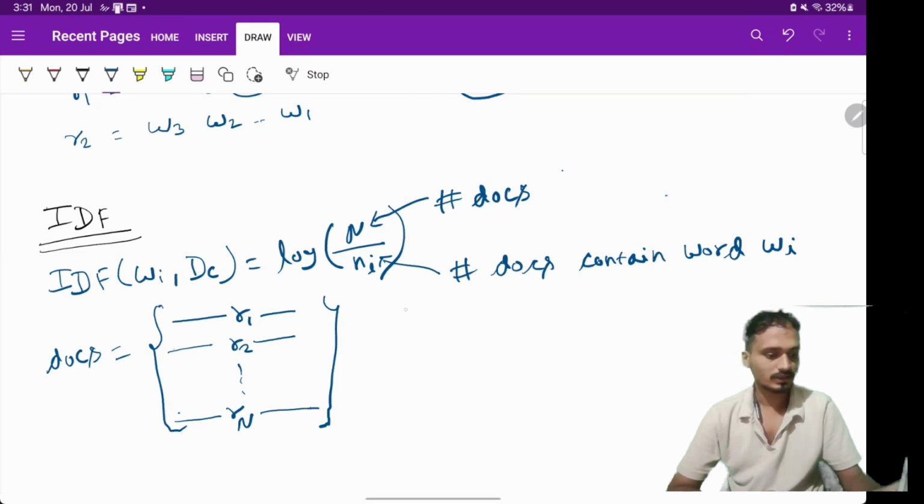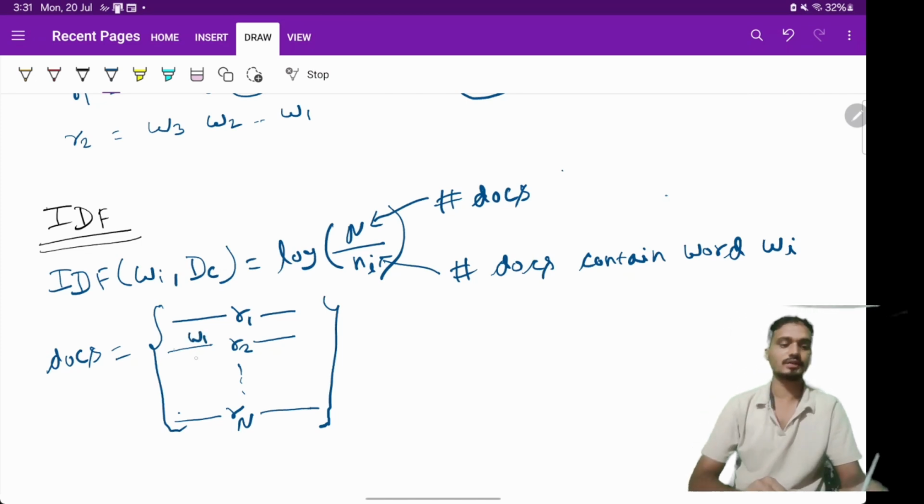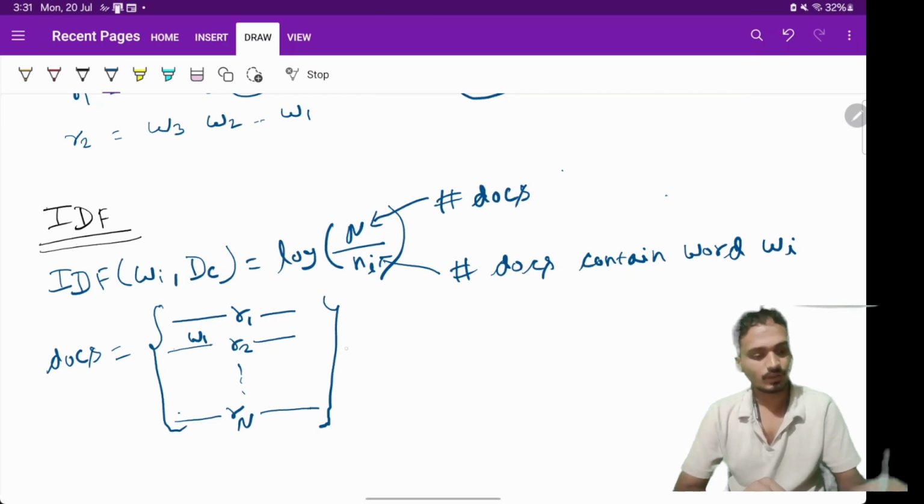And now what is ni saying? ni is the number of docs containing the word wi. So let's say R2 contains a word w1, and we are finding the IDF for this w1 word. What does it say?